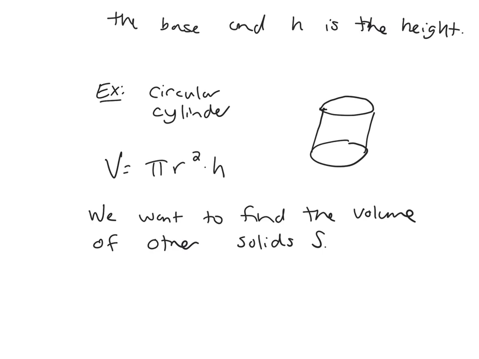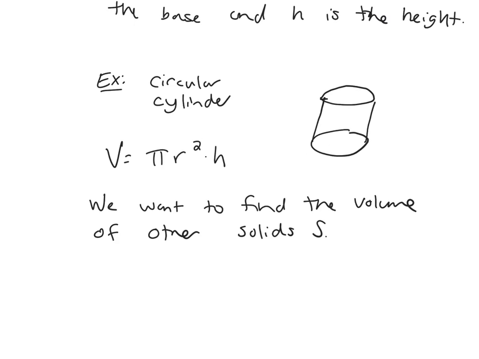So I'm going to tell you the idea behind this process. I don't want to get into too many details about it because I want to focus more on doing problems today. But the idea is the following. Well, we wanted to compute area under a curve. We used Riemann sums because our objects were not nicely shaped.